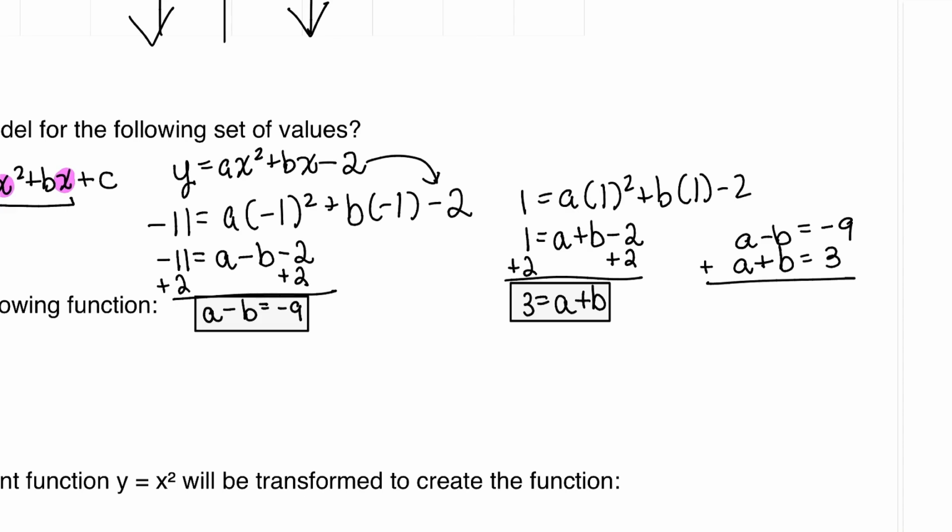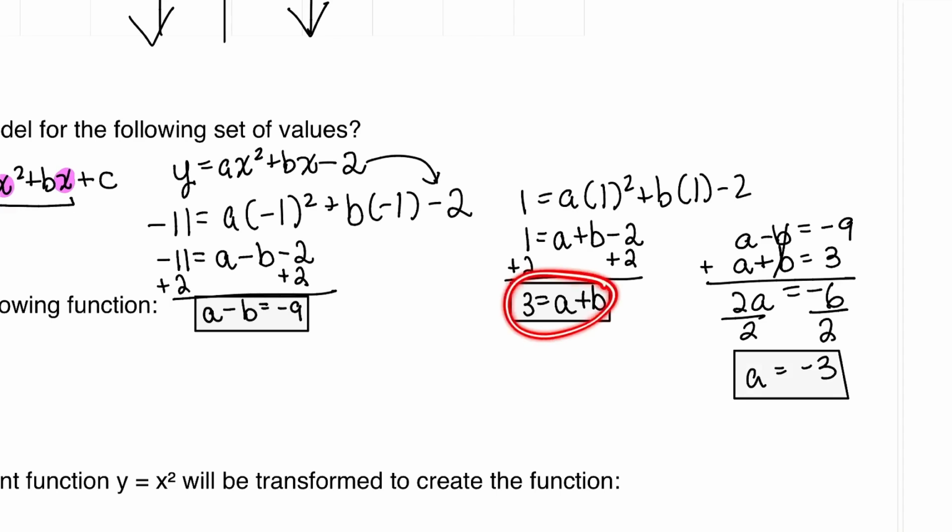if we add these straight down, we're going to get 2a equals negative 6. So then a is negative 3. From there, all we have to do is substitute that back in either here or here to solve for b. So 3 equals negative 3 plus b.